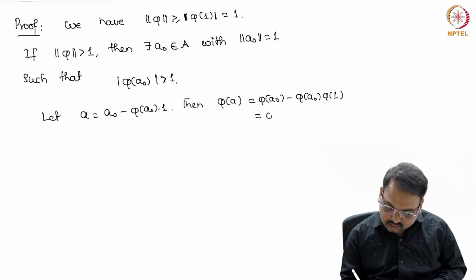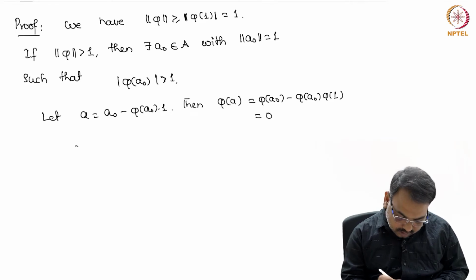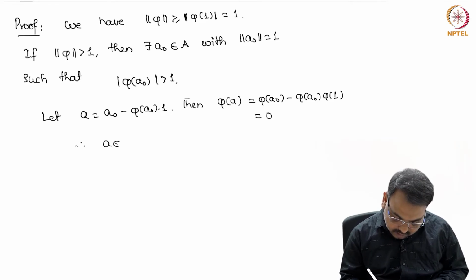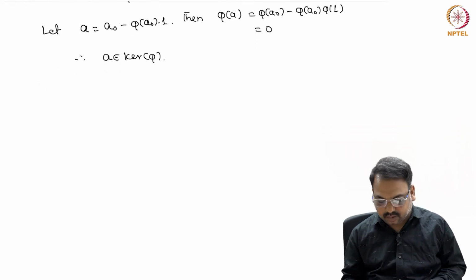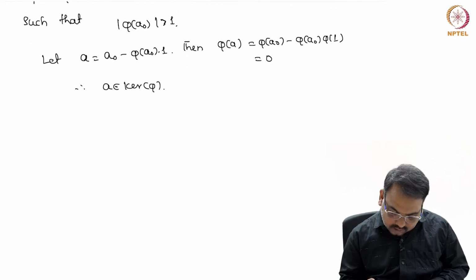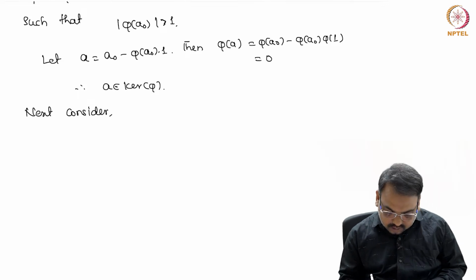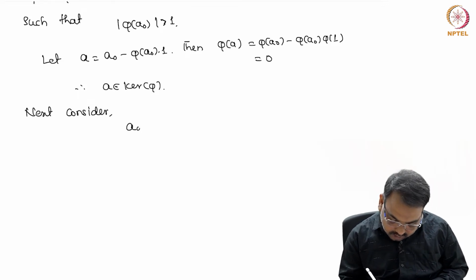So this is 0. Therefore phi of a belongs to kernel phi. Now let us look at, so next consider a naught by phi of a naught.